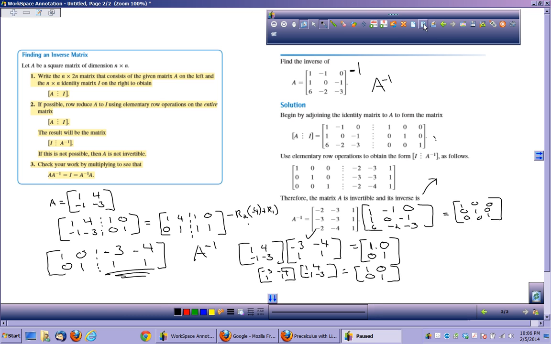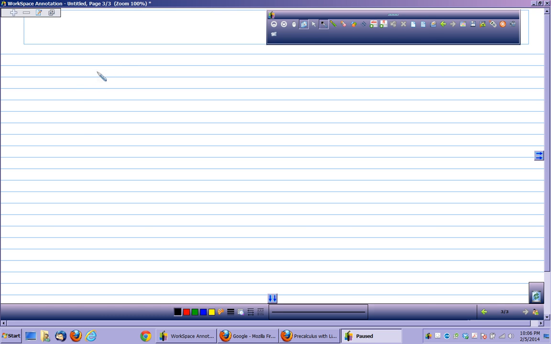There is a shortcut. Rather than using the method that I just told you for finding the inverse, with a 2 by 2 only, there's a shortcut for finding its inverse. Here's the formula.